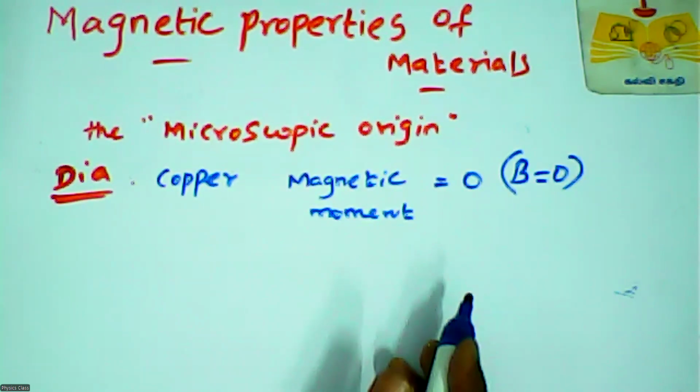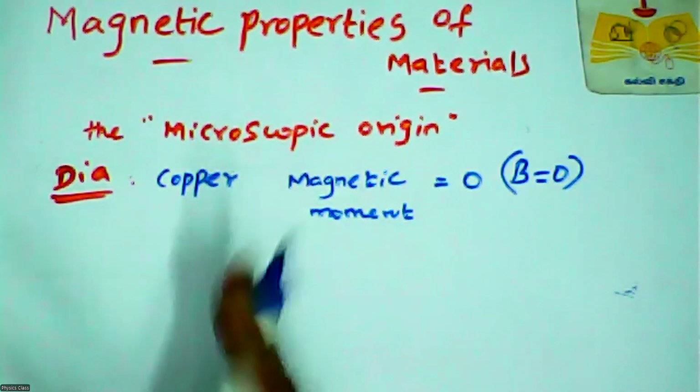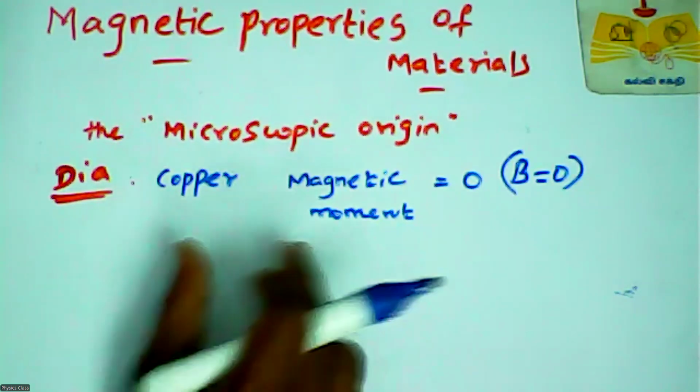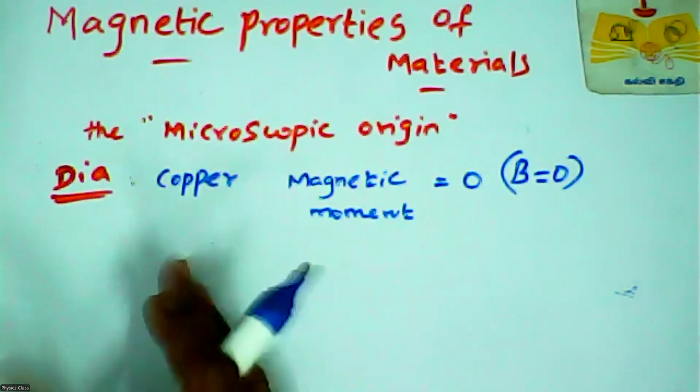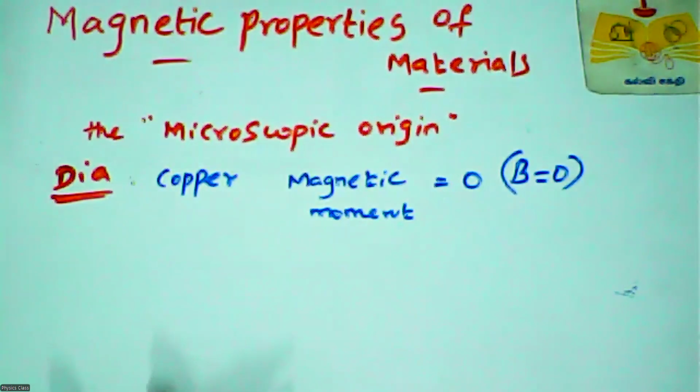Okay, right. So when an external field is applied, it acts like a kick to the electron's orbital motion.